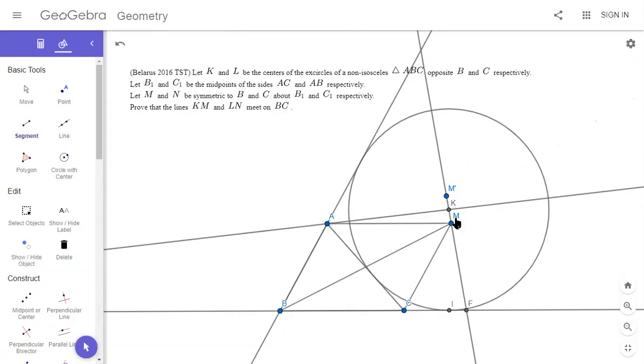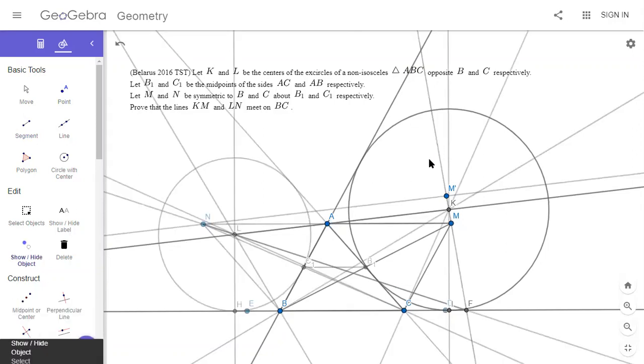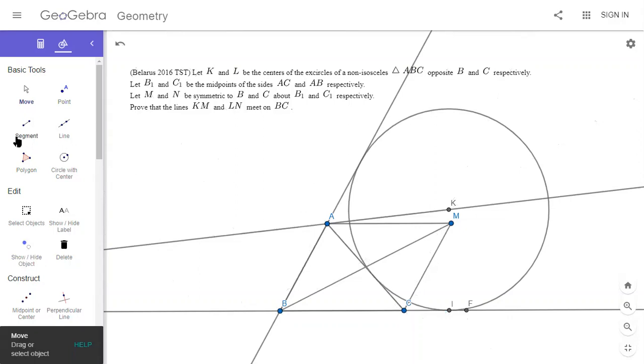All we need to do is show that MK is perpendicular to KA. Okay, yeah, makes sense. And that seems like it shouldn't be that tricky, right?